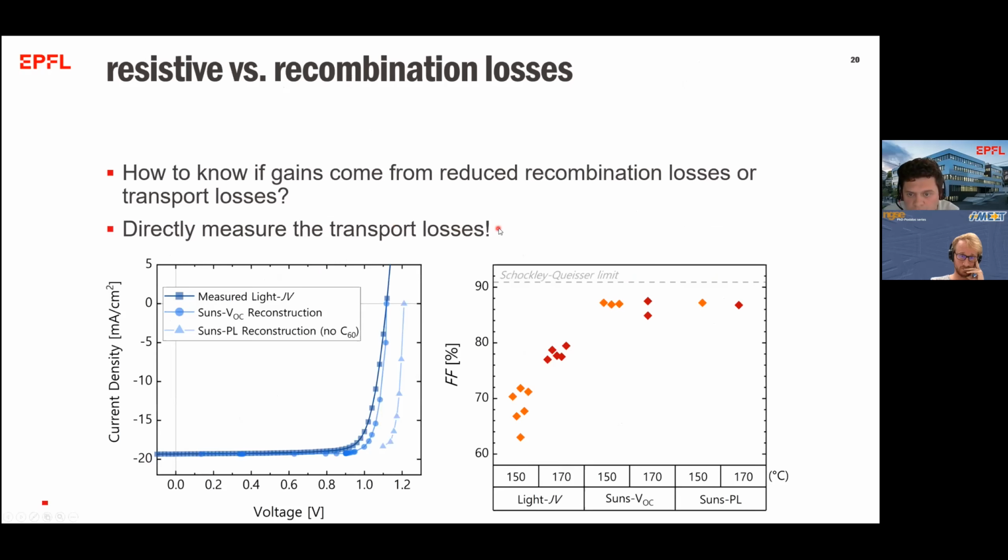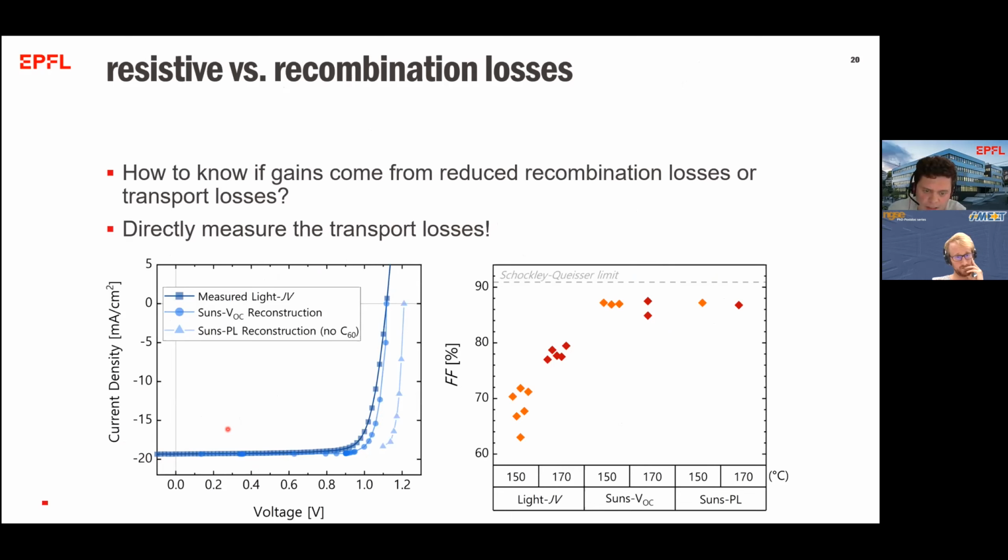And you can take a look at that and try to explain the mechanism of that. And we did so. In dark blue, again, just a JV curve. Then as before, the Suns-VOC, so VOC and JSC as a function of intensity, and reconstruction of the JV curve to quantify the losses due to transport.